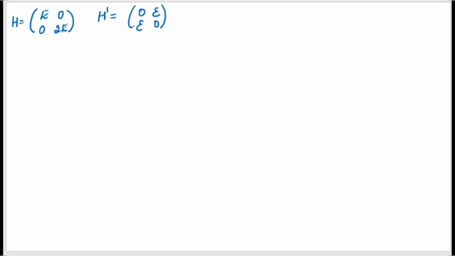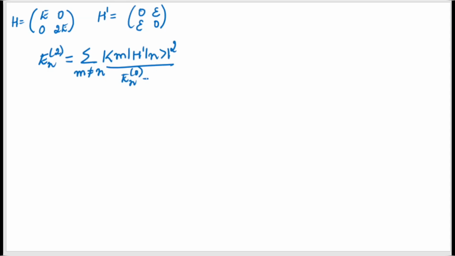It is given by the formula E n of 2, which is equal to summation m not equal to n of magnitude of bra of m into h prime into ket of n whole square divided by E n of 0 minus E m of 0.